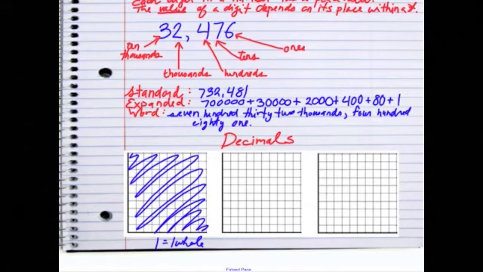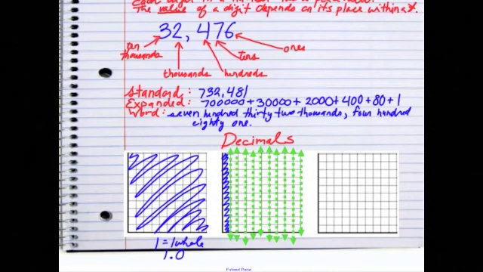right? Or one digit, one value. And that's written as 1.0 in decimal form. If I only shade in my first row, that's one row that I've shaded out of 1, 2, 3, 4, 5, 6, 7, 8, 9, 10 rows.